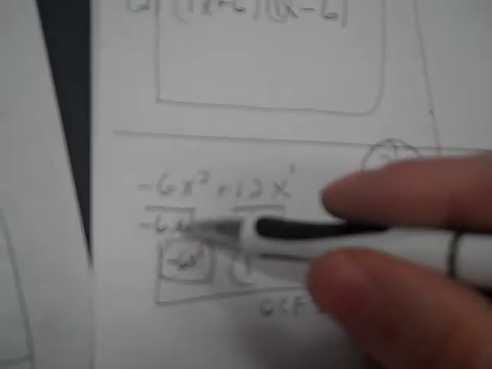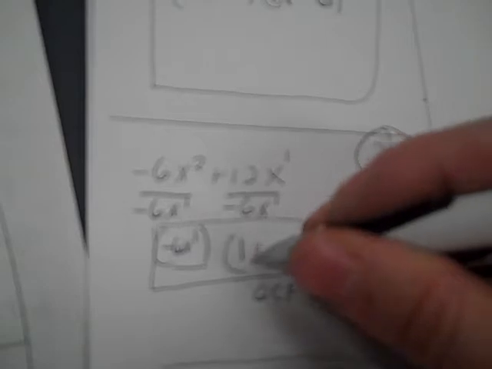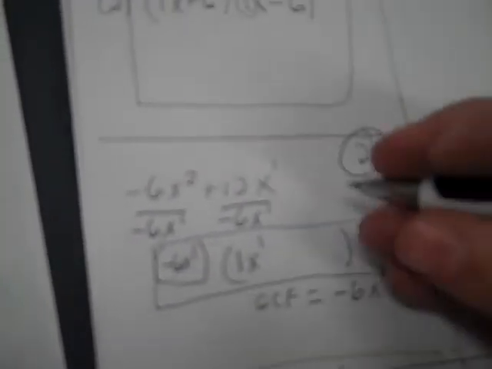Now, we do have an x under here. That means I need to subtract the powers. 2 minus 1 is 1. Positive 12 divided by negative 6 is negative 2. So I put 2 minus. Now these are to the same power, so they may be crossed out.